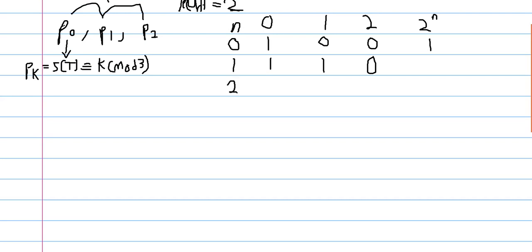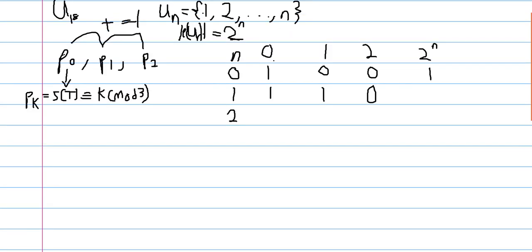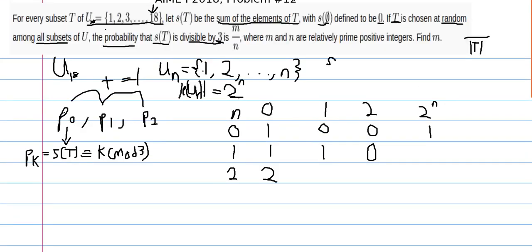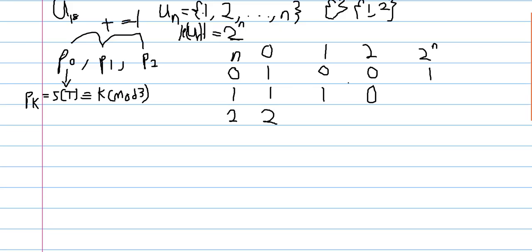Then for n equals 2, we can have the empty set or the set containing 1 and 2, which gives us 2 sets that are 0 mod 3, since both the null set and the set 1, 2 have a sum divisible by 3.